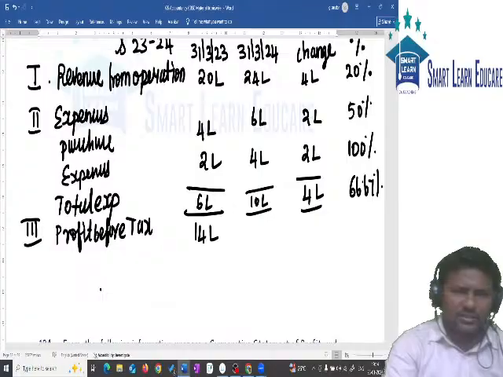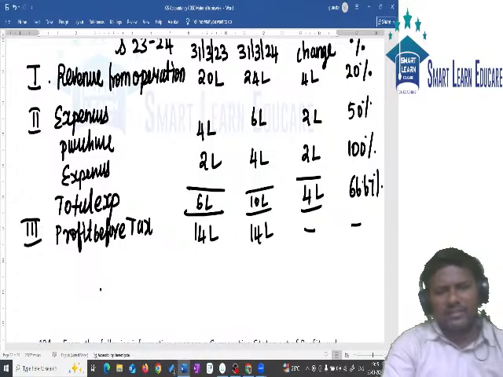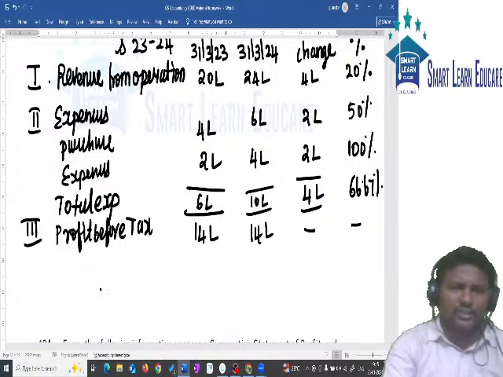Revenue from operation minus expense gives profit. Then 24 lakh is my income, expense is 10 lakh, 24 minus 10, I will get the same profit of 14 lakh. There is no change, so there is no percentage. Last year profit is 14 lakh, this year also 14 lakh. No absolute change, no percentage change.